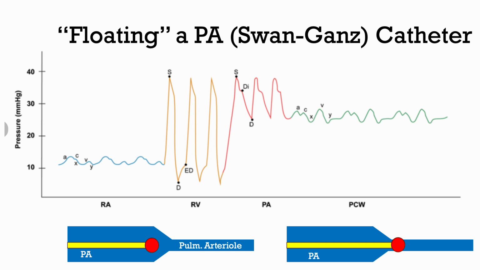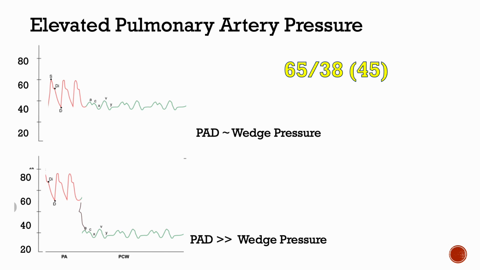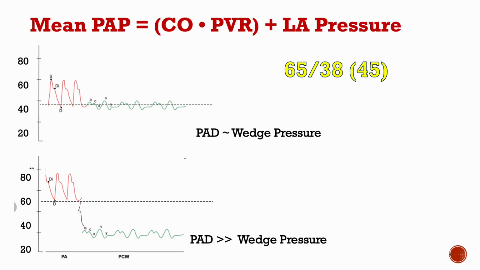And so you can run into a couple of different scenarios. One is where you have your balloon inflated, you're floating along through your pulmonary circulation, and then you wedge it, and your wedge is pretty darn close to your pulmonary diastolic. In contrast, in the next scenario, once the catheter is wedged and the balloon is only seeing what's downstream, it sees pretty normal pressures, like 10 versus 40.